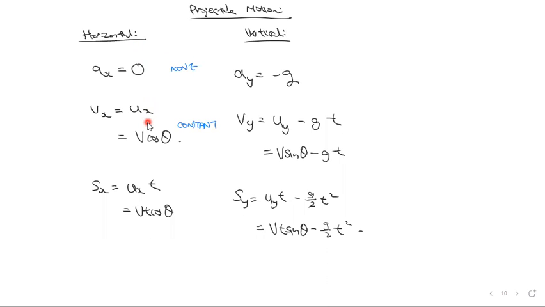And that results in you having a linear displacement. And your vertical projectile has a constant acceleration, which then means your velocity is continually changing in the same way, which means it's a linear function, resulting in your displacement being quadratic.